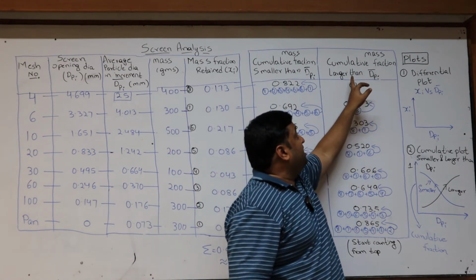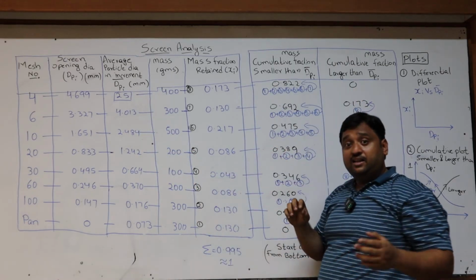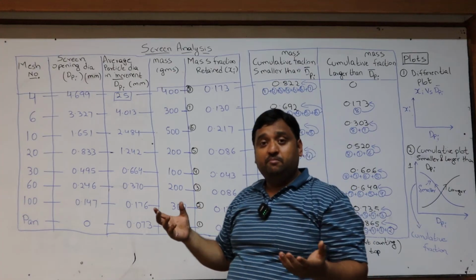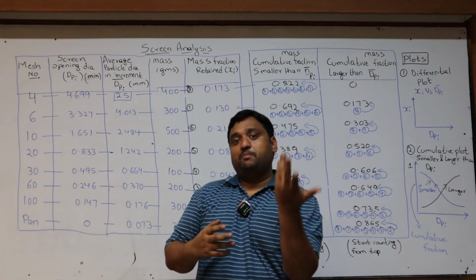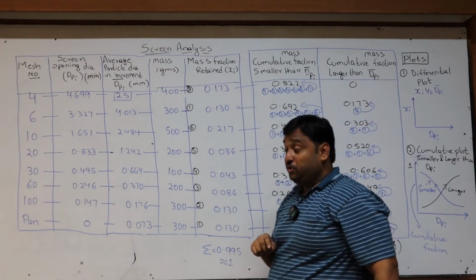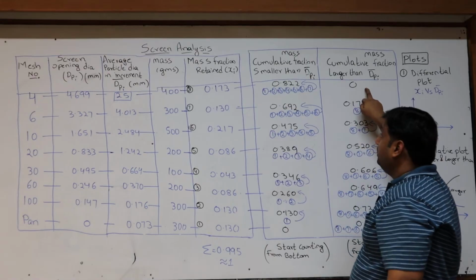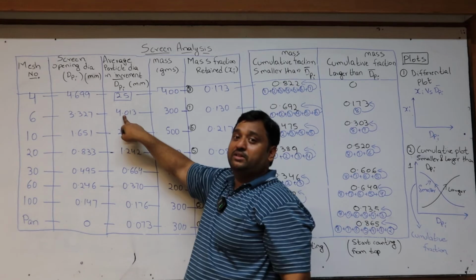Cumulative fraction larger than 25. Are there any particles larger than 25? Because that screen is of 25 only, right? You don't have an average particle diameter greater than 25. So what are you supposed to put here? 0. Again, cumulative fraction larger than 0.013.